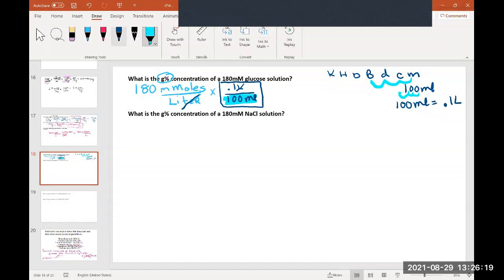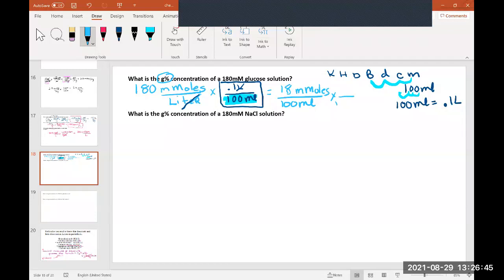So now I have 180 millimoles times 0.1. And that means I have 18 millimoles in 100 milliliters of solution. Now convert my millimoles into regular moles.